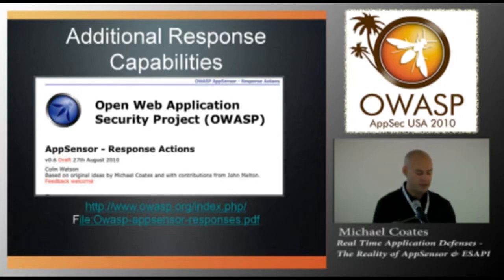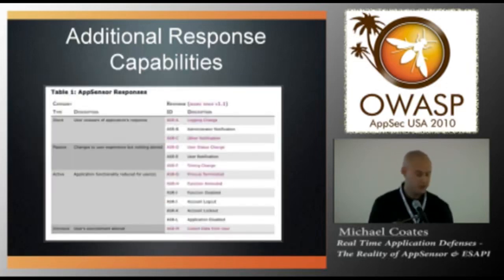Now, this has been extended by Colin. He's one of the core AppSensor team members, and he's been thinking about, what else can we do? What else might we want to do for responses? I listed a few, like logging out the user, but he went and expanded this a lot further, and he has a whole list of new types of things. That's really hard to see. Let me put the slides online so you can look at this.